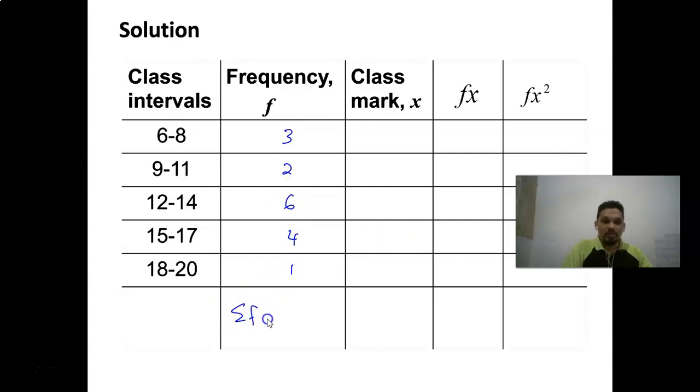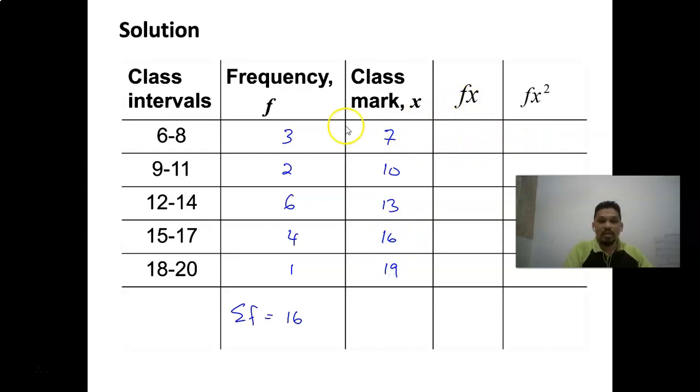So the summation of f equal to 3 plus 2 equal to 5, plus 6, 11, plus 4, 15, plus 1 equal to 16. Class marks, the midpoint of 6 and 8 is 7, midpoint between 9 and 11 is 10, then 13, 16, and 19.